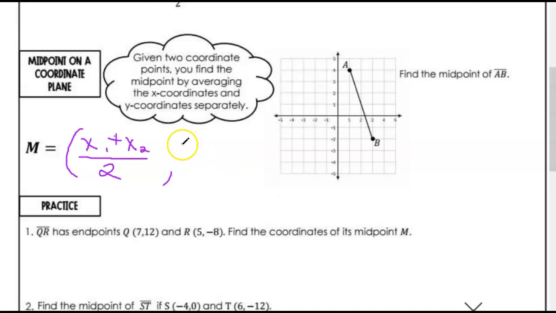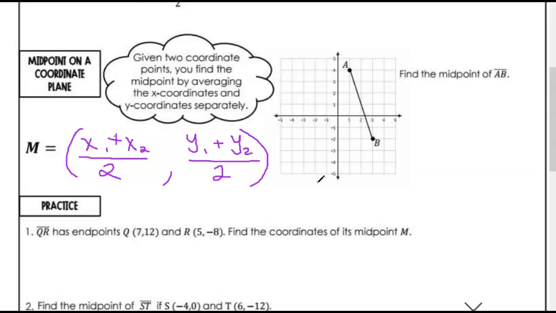And then if I did the x's, now I have to do the y. So y1 plus y2. And to get the middle, we divide by 2. So that is our formula.